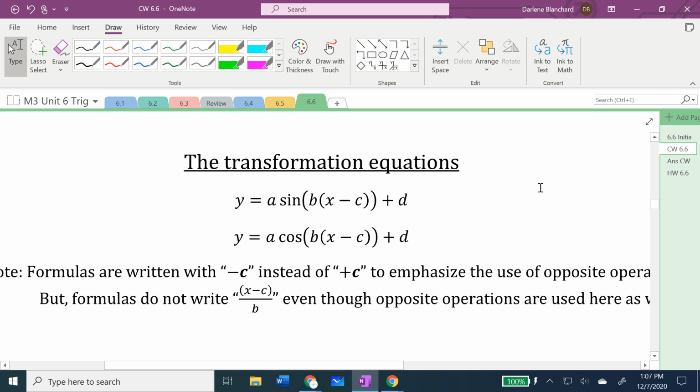Do you remember that instead of multiplying by b, you actually have to take the x values you have and divide them by b? Horizontal transformations affect the graph with the opposite operation. If b is 2, you're going to actually squish the graph in half.